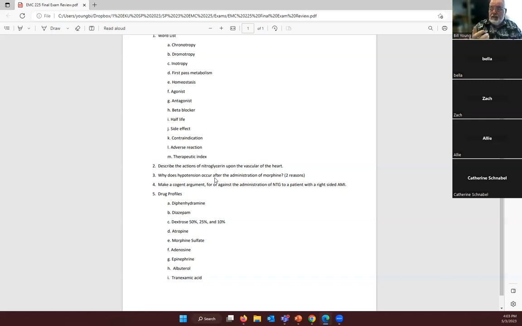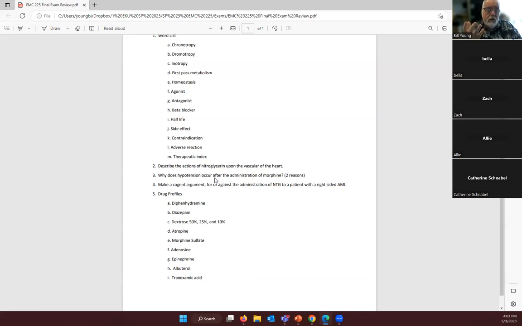Now, if you've got a patient that's having a right-sided MI and their blood pressure is already really, really low, get on your phone or your radio with your ER med control and do a consult. If it's below 85 systolic, your doc's probably going to say, let's wait just a little bit and see if we get the blood pressure up.